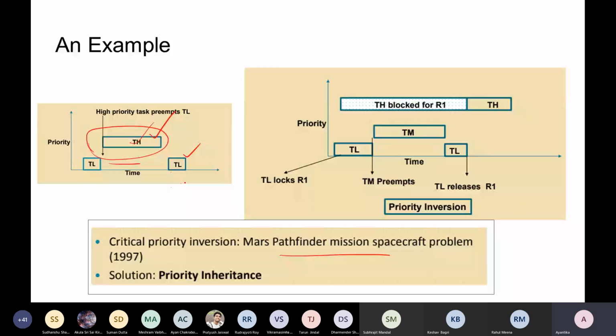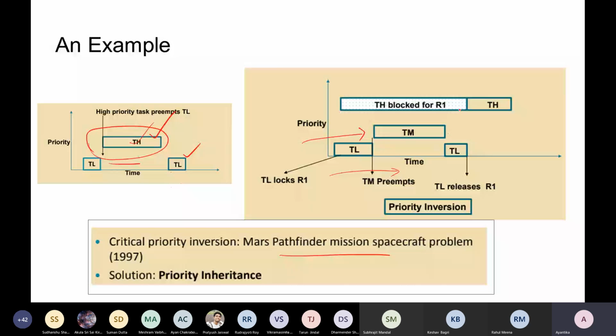So in that case, there was some high priority task in that Mars-bound Pathfinder. The low priority task was sharing some resource with the high priority task, and when the high priority task came into the picture, the resource was held in a mutually exclusive condition. That's why the high priority task had to wait for completion of the low priority task's work with that shared resource. In between, what happened was actually a flaw of design. Some medium priority task came into the picture.